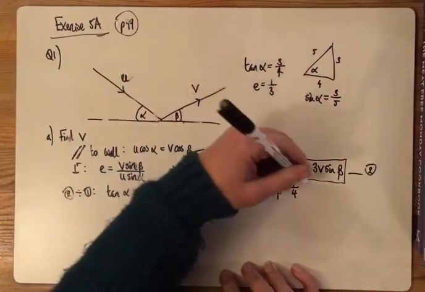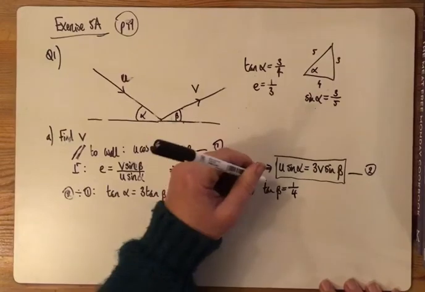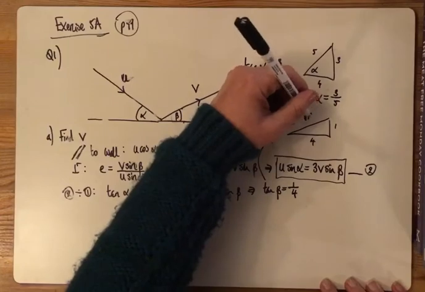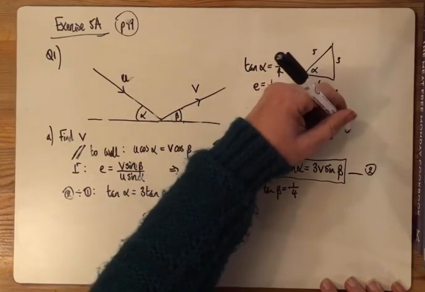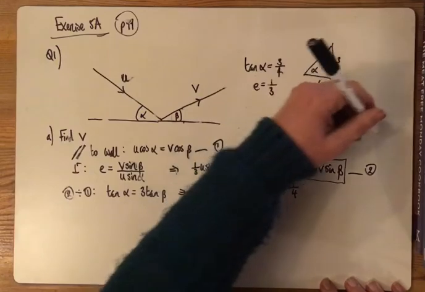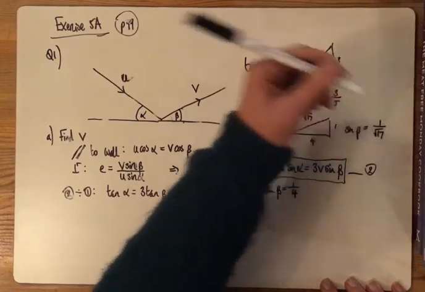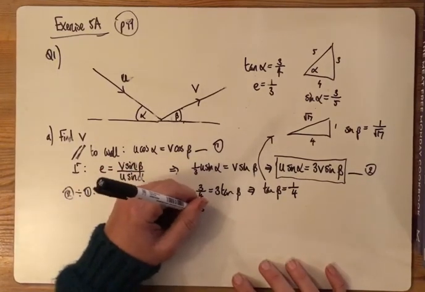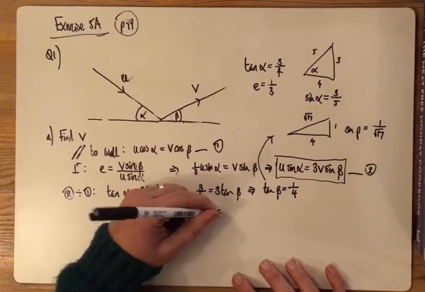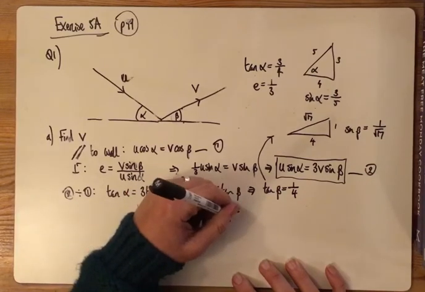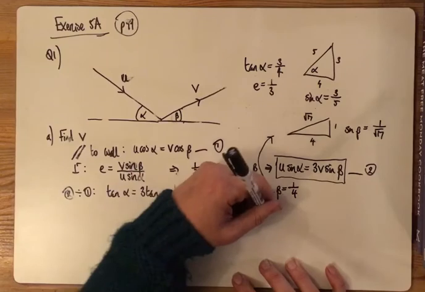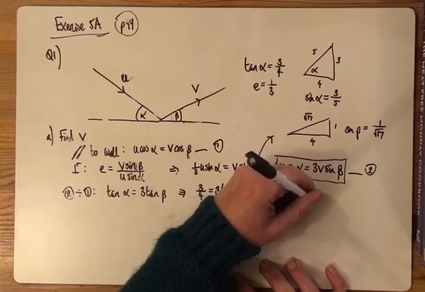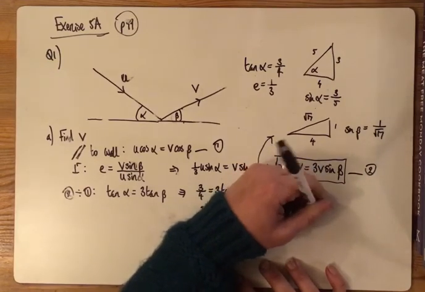And tan beta equals 1/4. So that's root 17, and so sine of beta is equal to 1 over root 17. And so just plugging into this, 3/5 u is equal to 3 over root 17 v, and so v, the speed, is equal to root 17 u over 5.